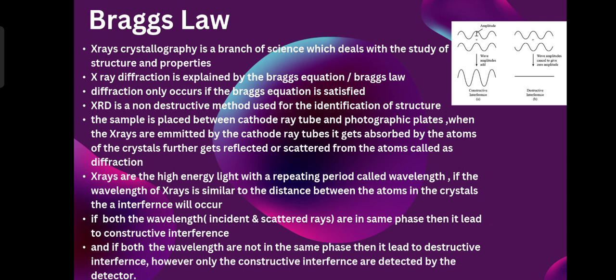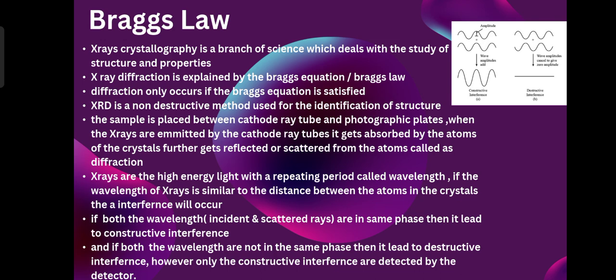If the wavelength of the incident radiations and the scattered radiations are the same, then constructive interference will occur. So here in the picture, on the topmost figure, the uppermost wave indicates the incident waves, and the lowermost wave indicates the reflected waves emitted by the crystal. Both are in the same phase, right?